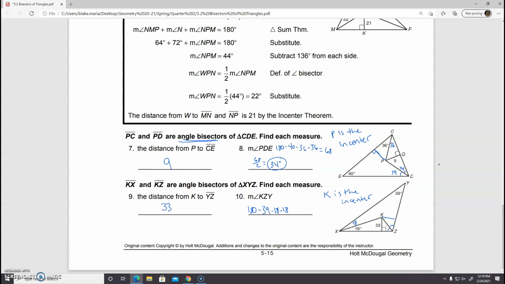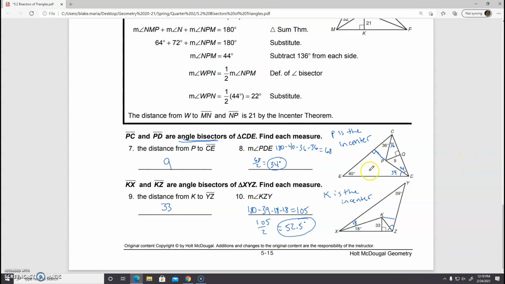So 180 minus 39 minus 18 and 18, and we get 105. And then remember you want half in each, so 105 divided by 2, and you get that each angle is 52.5. And don't freak out if you get a decimal, that's a nice answer still.